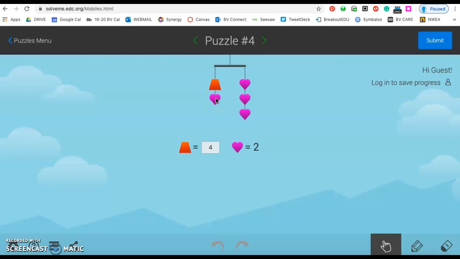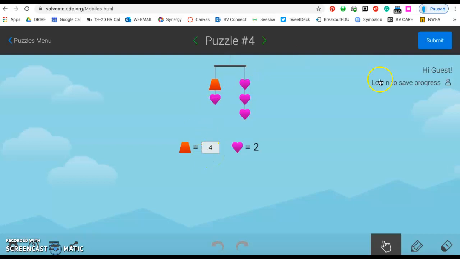And technically, I would not have the same value at the top because I'm getting rid of some of the mass of the mobile, right? But what that means is that 2 pink hearts would still equal the same as 1 orange trapezoid. And so if I know that the pink hearts are 2, and 2 of those pink hearts equals 1 orange trapezoid, I can count 2, 4, and that's another way that I could check myself and find the answer.